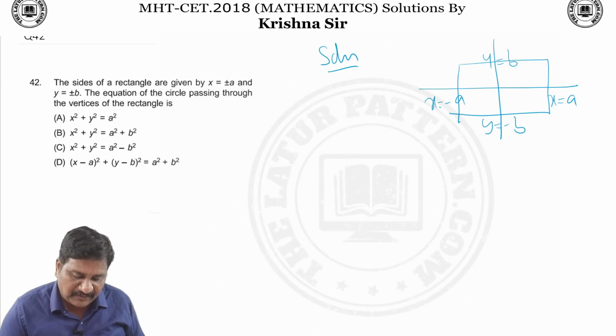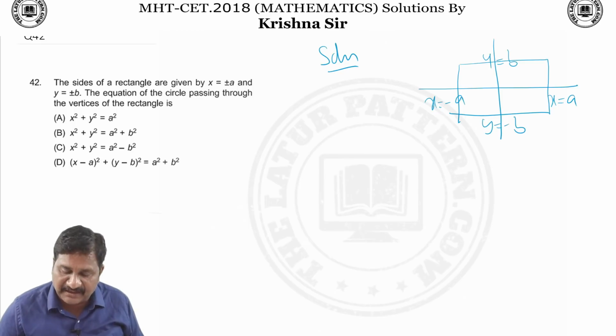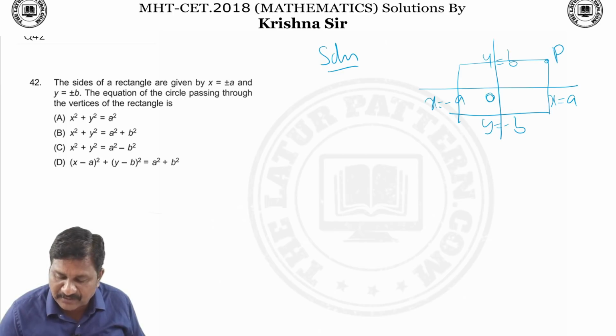The equation of the circle passing through the vertices of the rectangle. The vertices of the rectangle, where this point has x coordinate from the origin a and y coordinate b, a comma b.